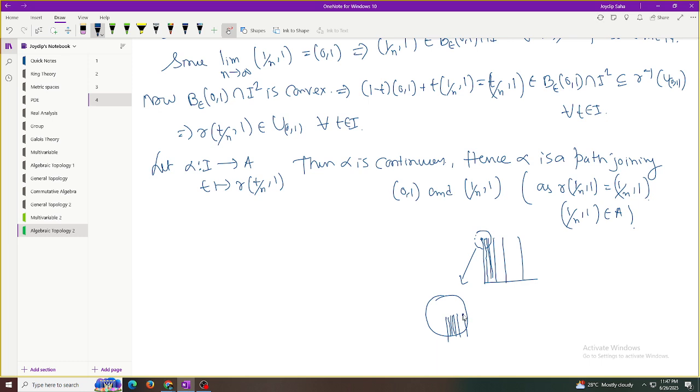Suppose this is your (1 by n, 1) and this is your (0,1), so there is no path, so we arrive at a contradiction. Now complete it, and it is not locally path connected.